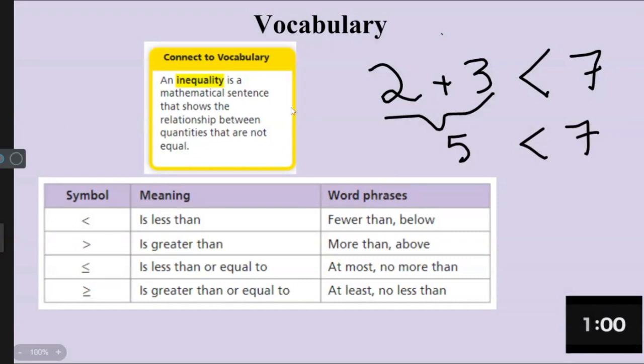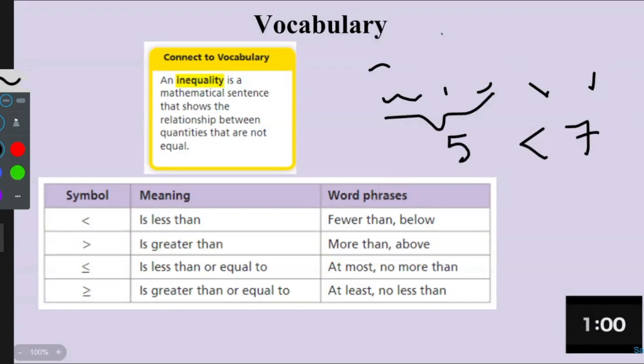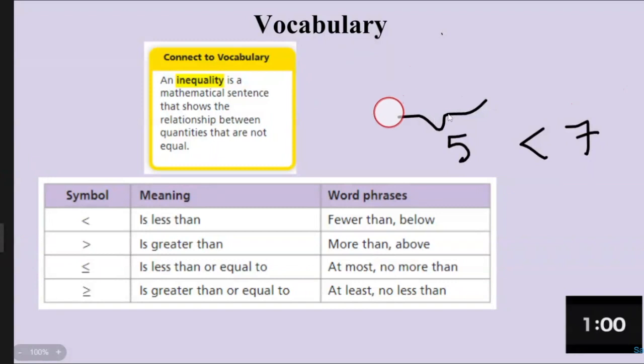Now we can also include variables in inequality statements, and this is what we're going to see today. Okay, and below are the symbols, their meanings, and the word phrases. We have the symbol less than.